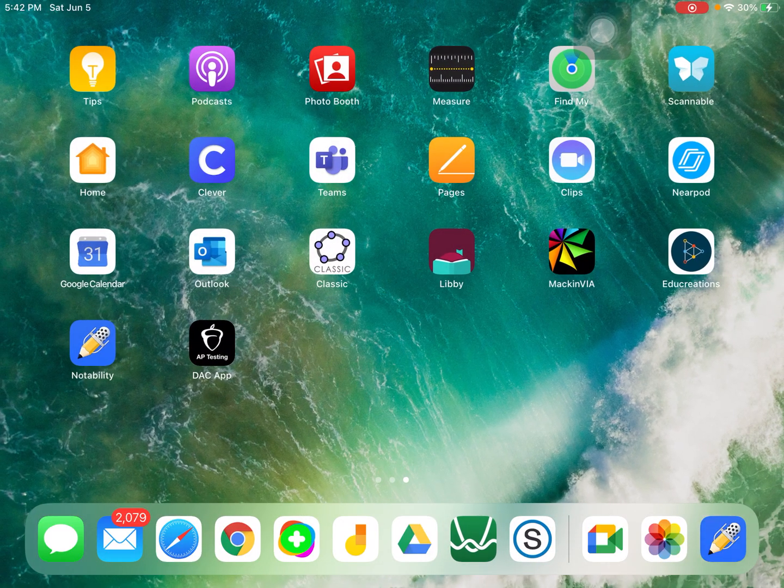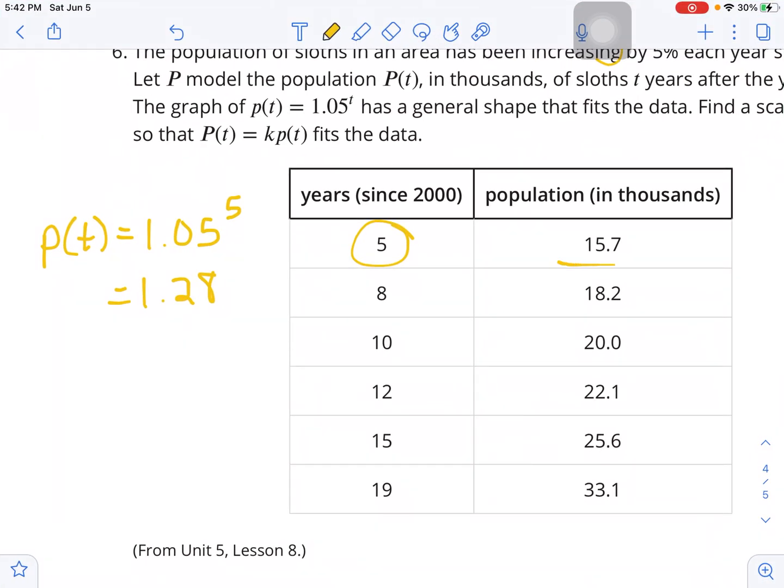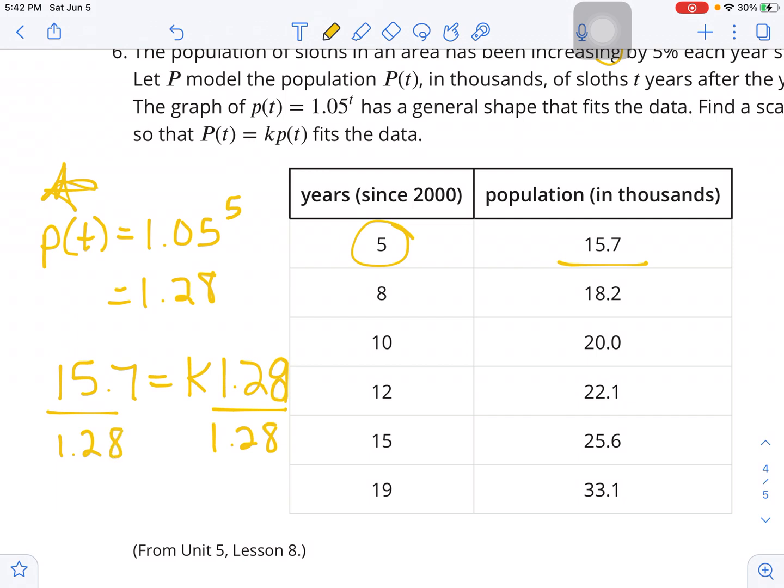Okay, so here our P of T is equal to 15.7. So 15.7 is some scale factor of this function here. So let's take K times 1.28, and then we'll divide by 1.28 on both sides and figure out what our scale factor is. So this is definitely a vertical stretch.